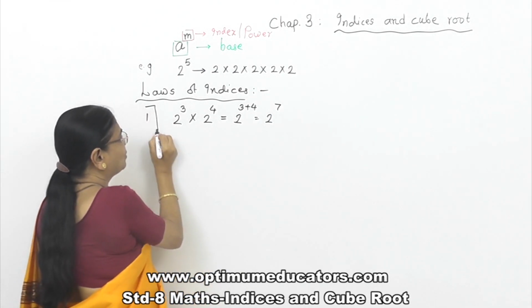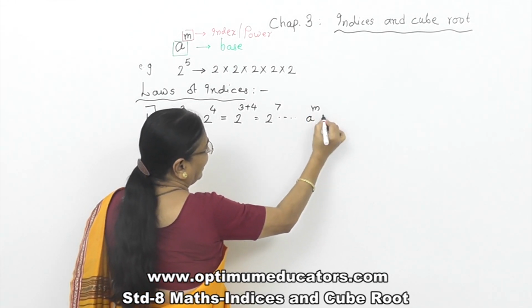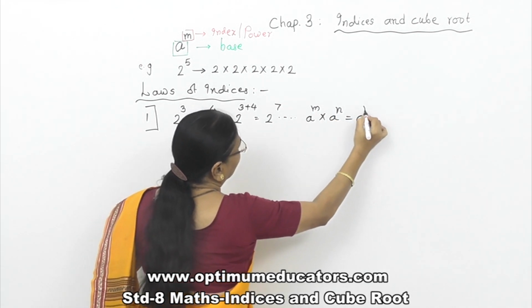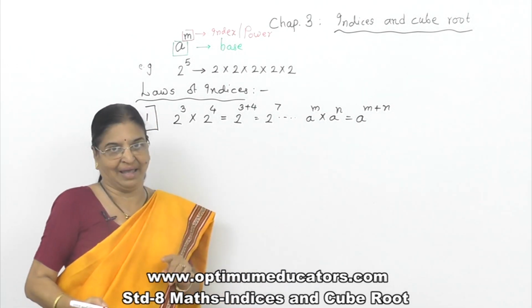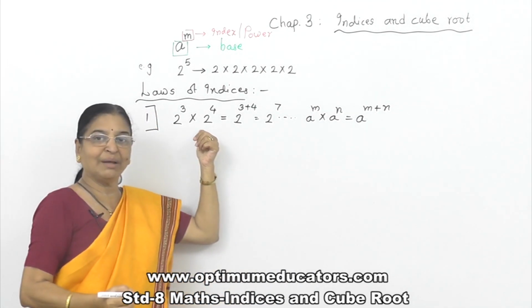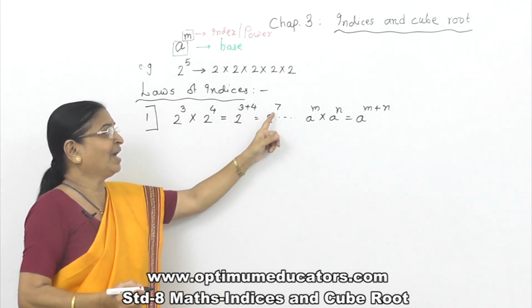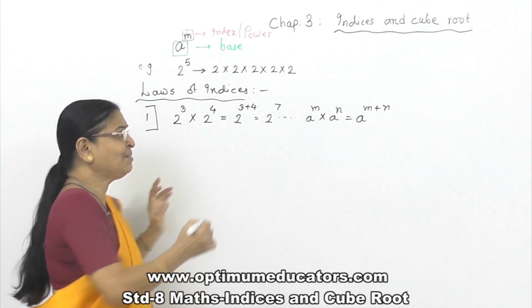This is my first law of multiplication. I can write a raised to m into a raised to n is equal to a raised to m plus n. So when you are going to multiply two numbers with the common base, you can add the indices. Okay, so this is the first simple rule.